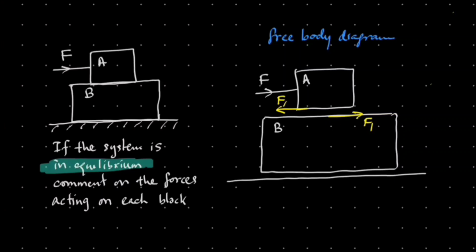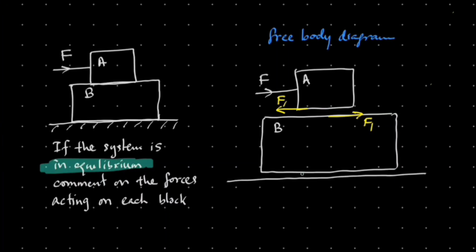So block A applies a frictional force opposing that. Either way you could think. Either you mark one of the forces and use Newton's third law to mark the other force, or you think in terms of each block separately and oppose the action or the tendency that the other block has to move to one side. Okay.